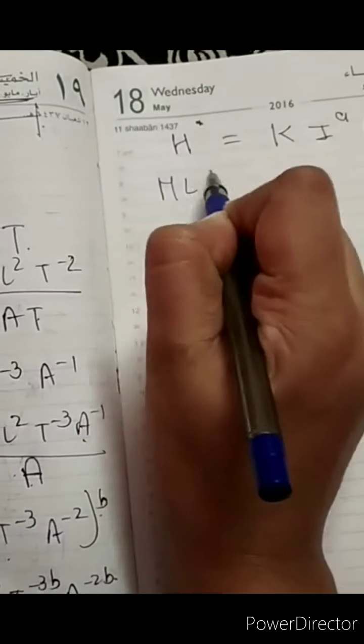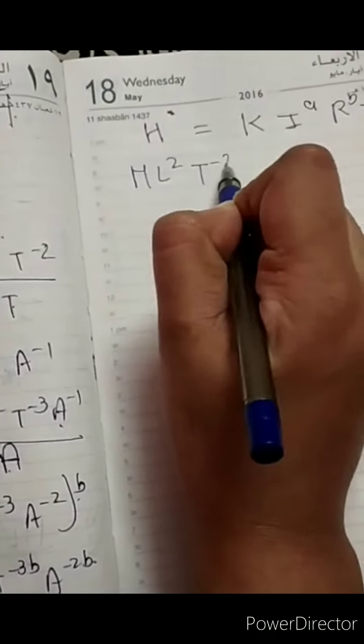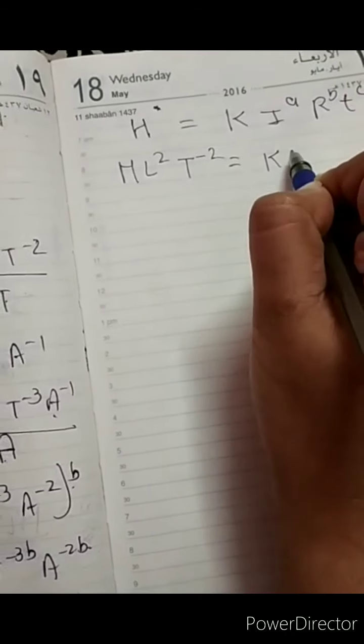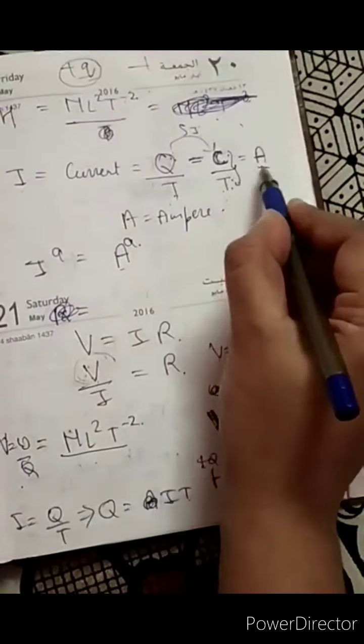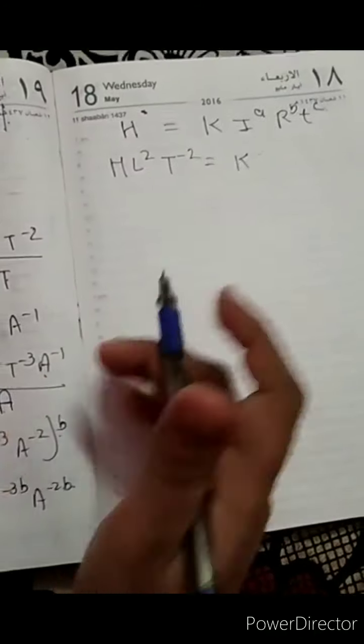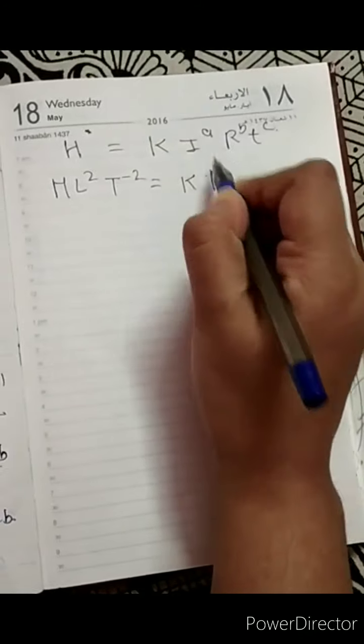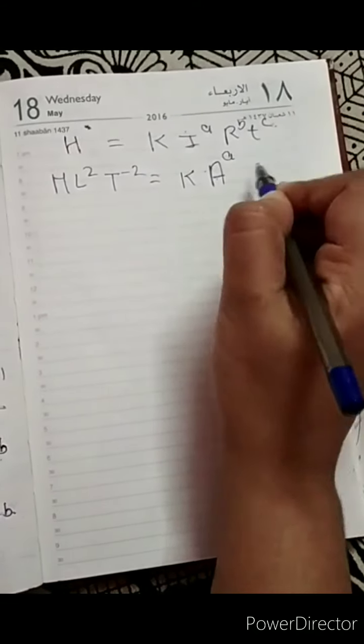So can I write heat energy, that is ML²T⁻², equals to k I. What is my I? I is A, so the dimensional formula is A to the power a.